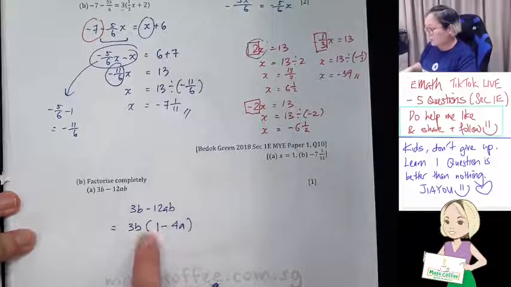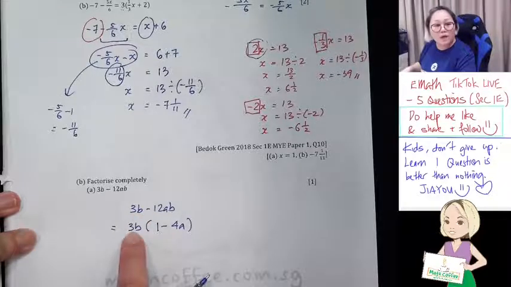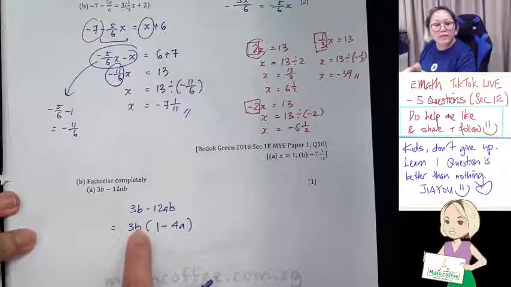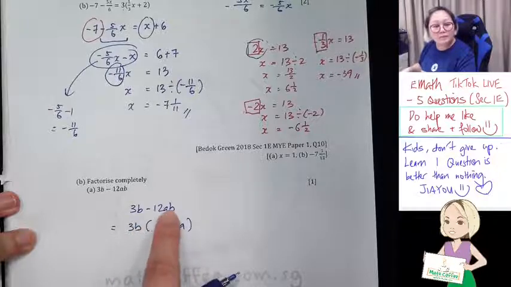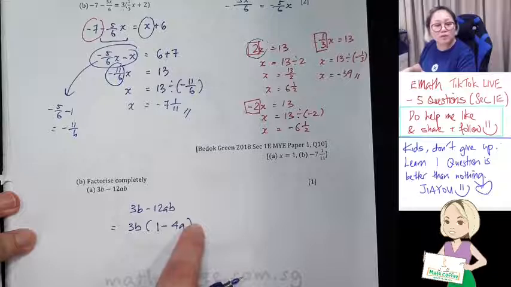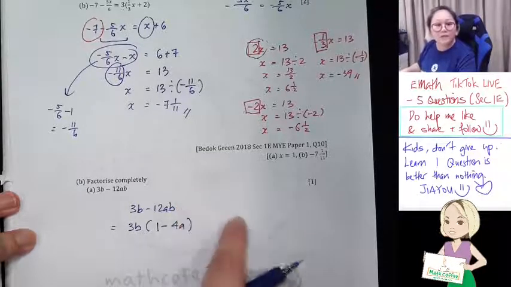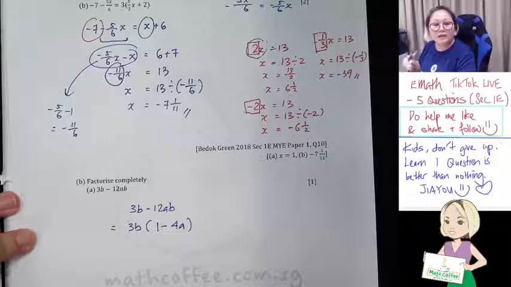You see, 3b times 1, 3b. Positive times negative, negative. 3b times 4a, 12ab. You understand? So to know whether you factorize correctly, you just try to expand it inside your head and see whether you get back the same thing. This is factorization by taking out common factor.